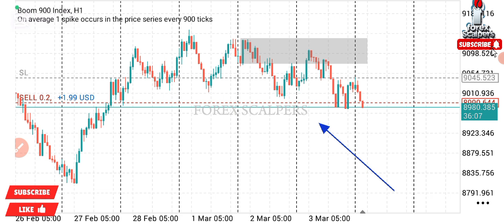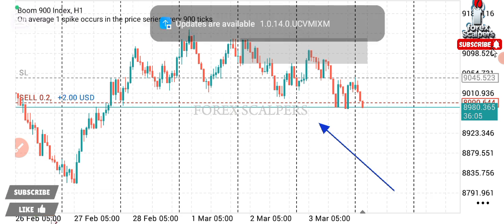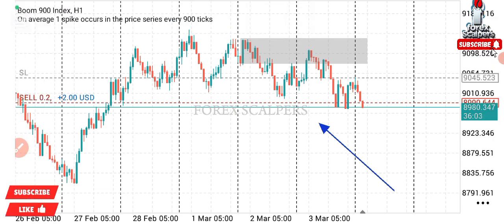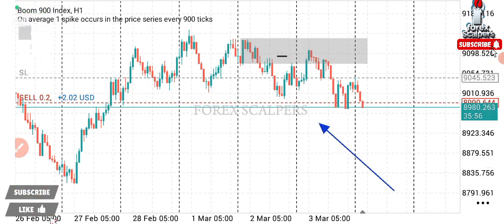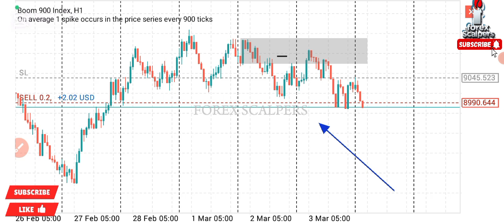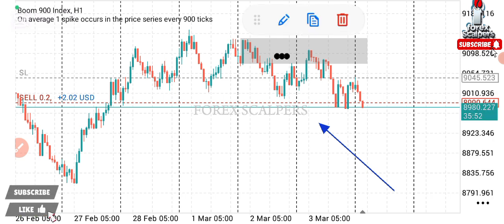So what happened? You'll be patient enough for price to pull into our order block. And if you look again, you realize that we're having a liquidity that is sitting at that zone. So here is a liquidity, and we have this liquidity sitting here.